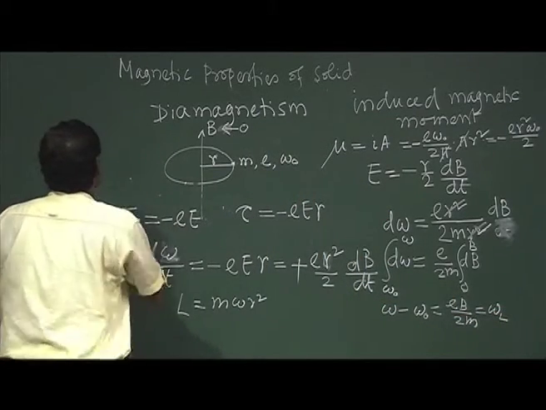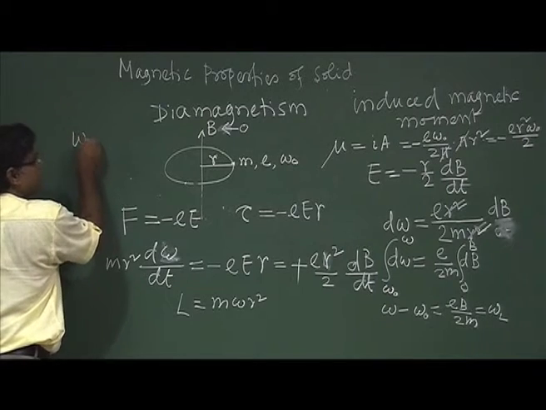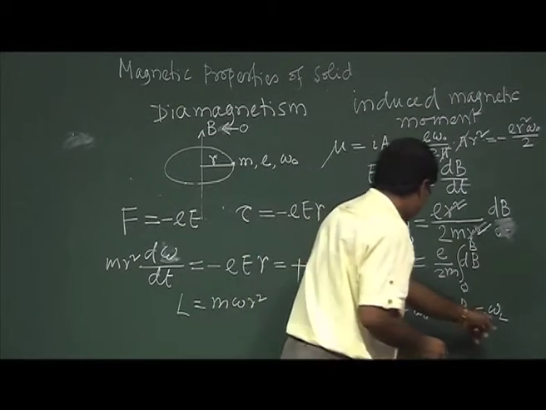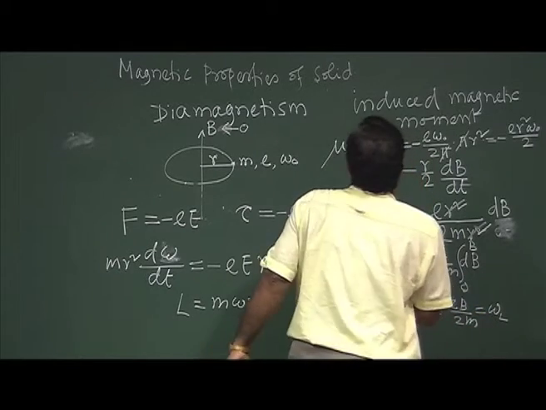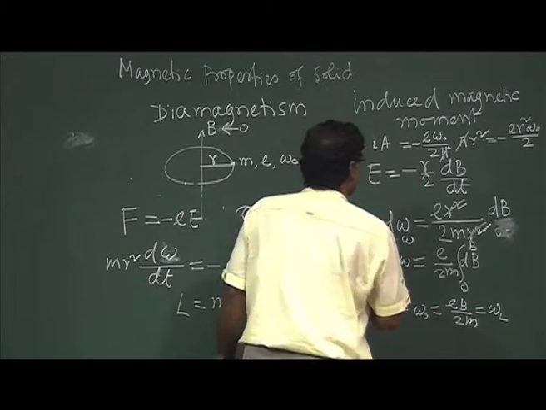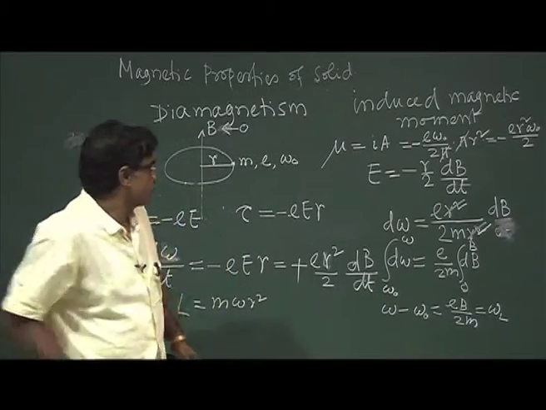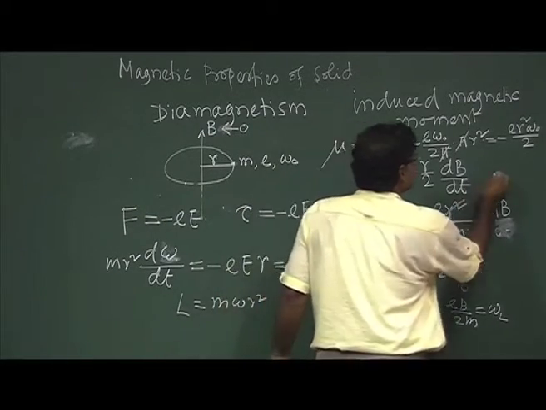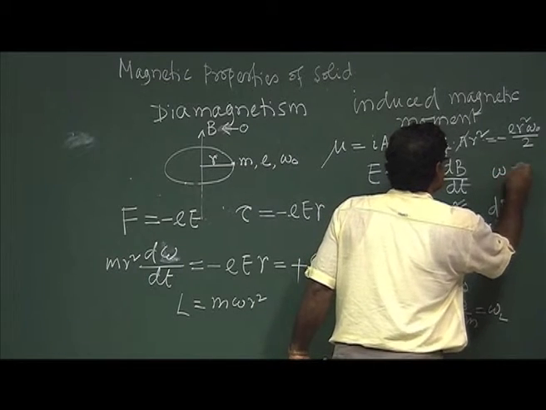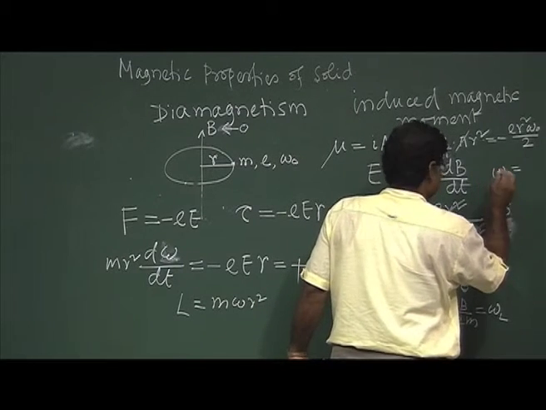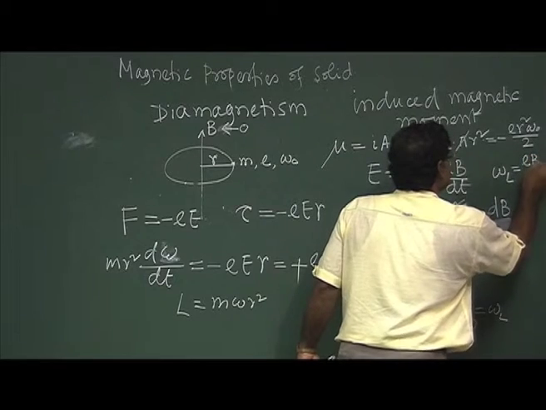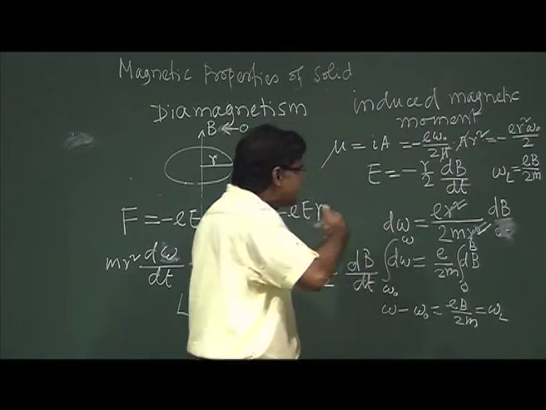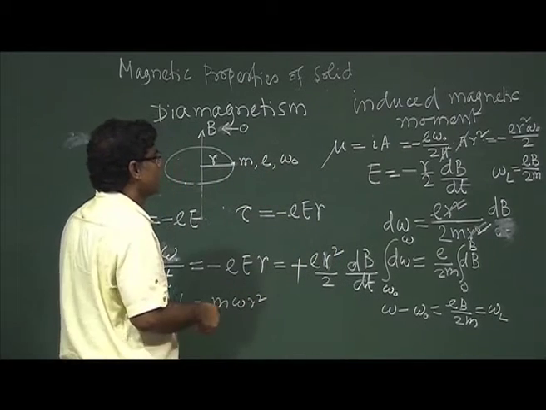So what I got is omega L due to the magnetic field, that is e B by 2m.